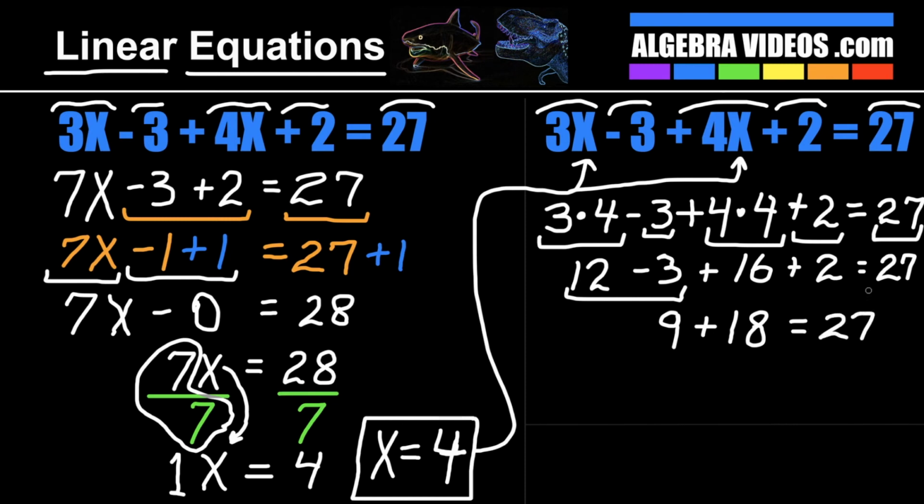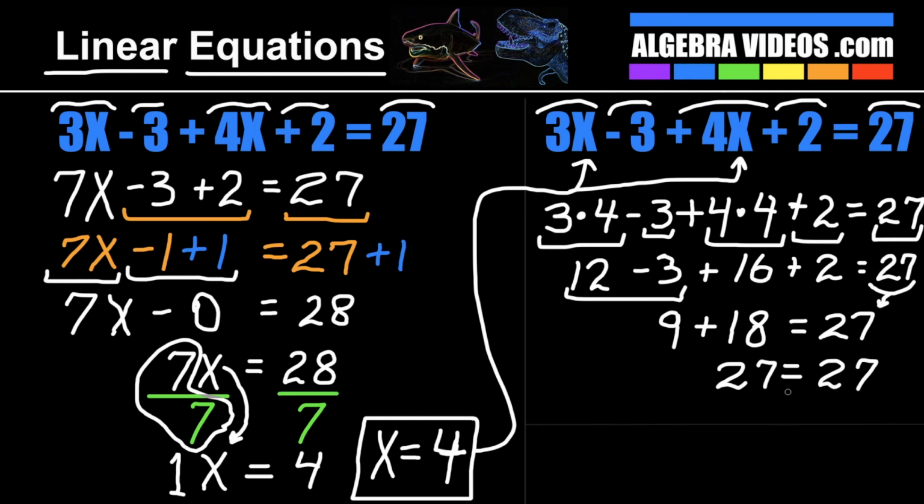No changes here. I'm just bringing this section down right here. So 9 plus 18 equals 27. Well, what's 9 plus 18? That's 27. Equals, and we'll just bring down our 27 on the right side again.